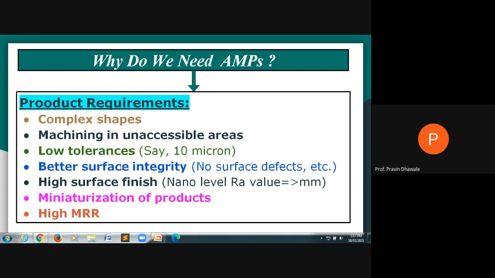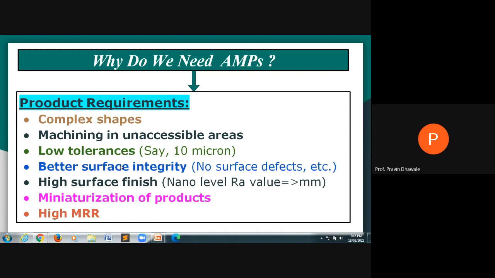Then when there is a requirement of low tolerance up to 10 microns, it will not be feasible by using the conventional process. Similarly, when better surface integrity is required, with no surface defects present on the workpiece, it is not possible by using conventional machining process. So we go for non-conventional or advanced machining process.